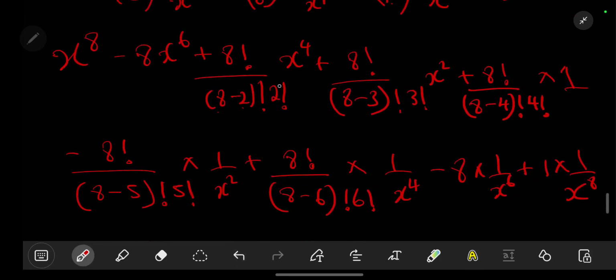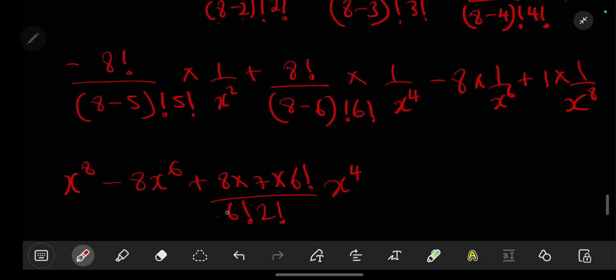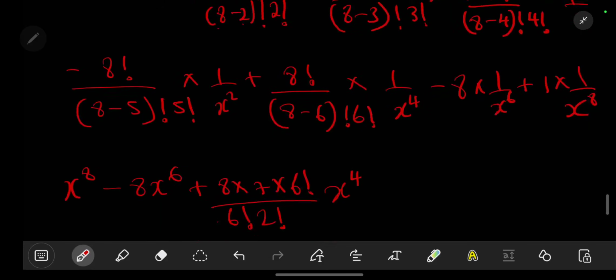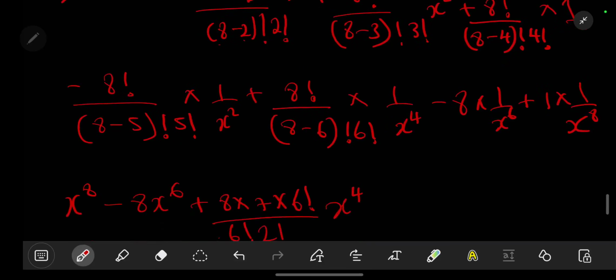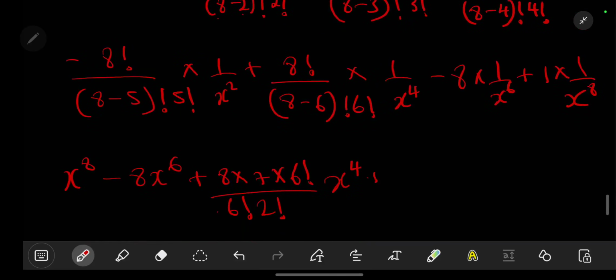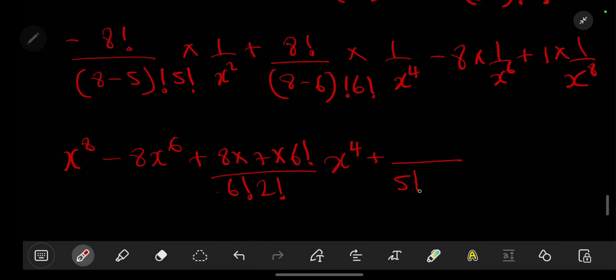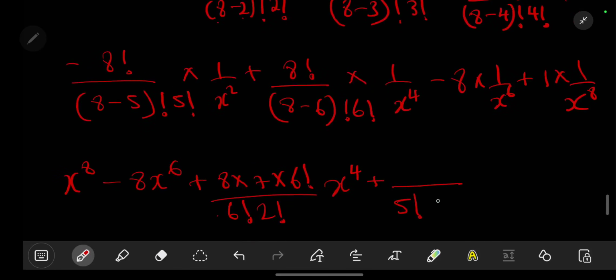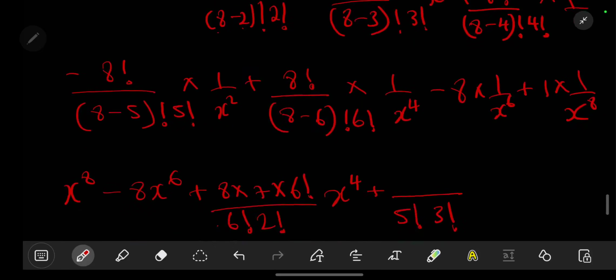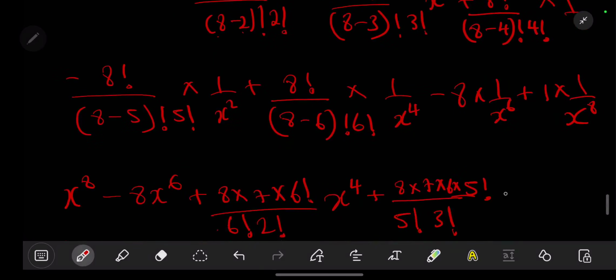We ended on 6 because 6 is the highest number here. We do the same for this: plus, 8 minus 3 is 5, so 5 factorial times 3 factorial, which gives on top 8 times 7 times 6 times 5 factorial, then x to the power of 2.